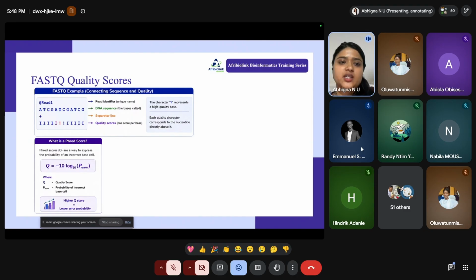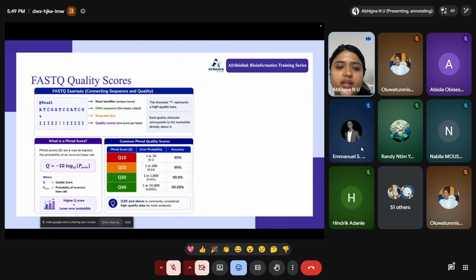And what is the Phred score? The Phred score, which is represented by Q, is a way to express the probability of an incorrect base call. For example, once we get the FASTQ, we go for QC analysis, where we get the Phred score, and Q10 means 1 in 10, which means 0.1% probability that the base call is wrong.